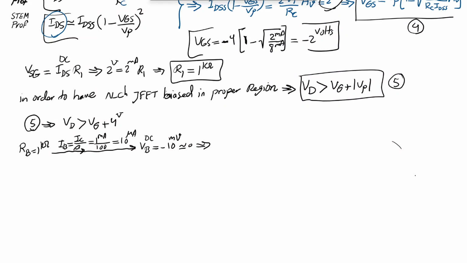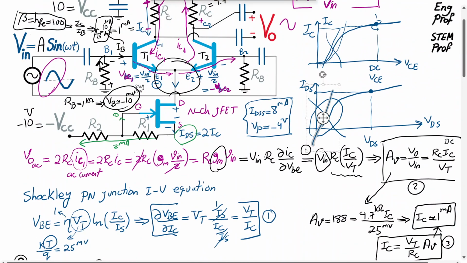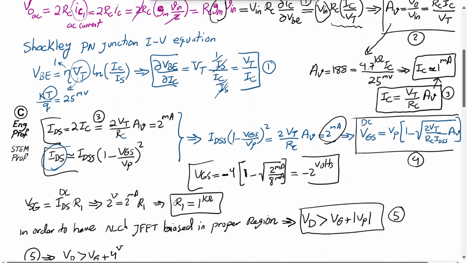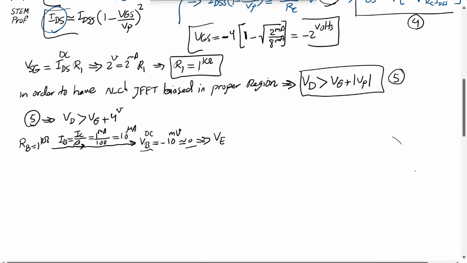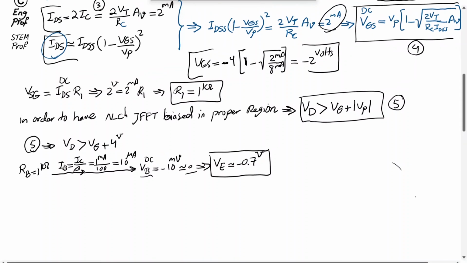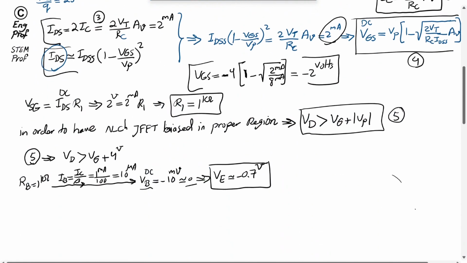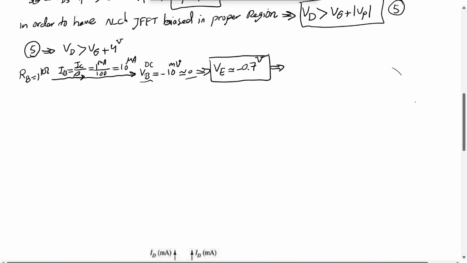So I can say, since base is roughly 0, the common emitter of the two BJT transistors will be roughly at -0.7, because that's the turn-on voltage for the PN junction of properly biased BJT transistors. But that voltage of emitter is the same as the drain of the JFET. So what I can say is, therefore, voltage of drain is roughly -0.7 volt.